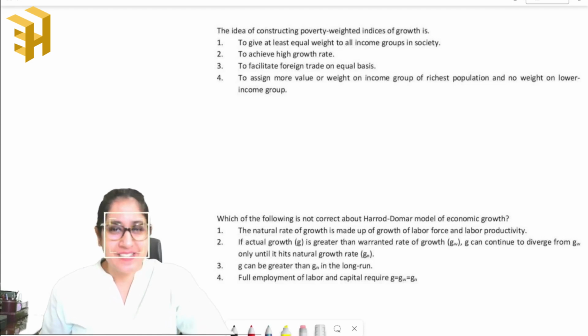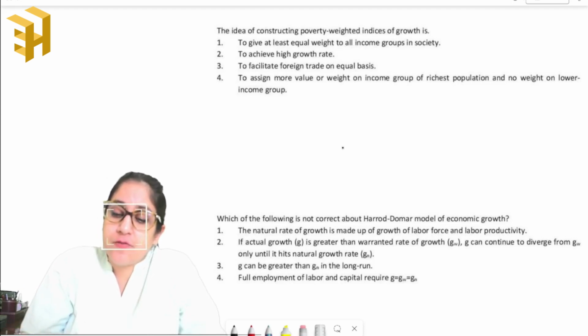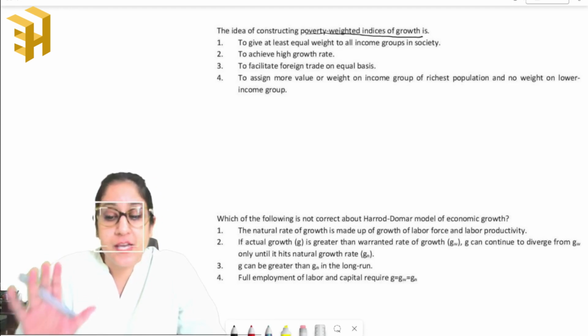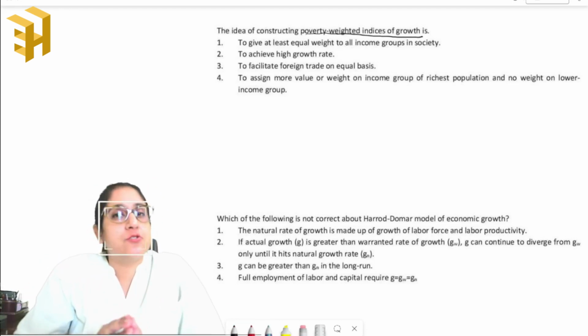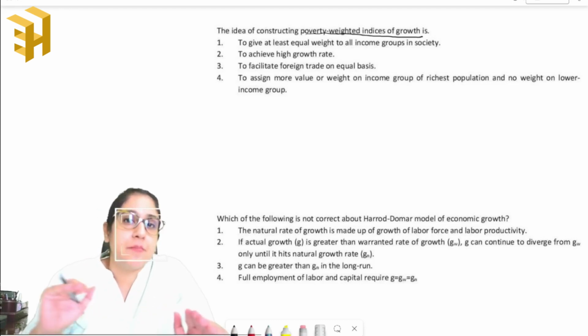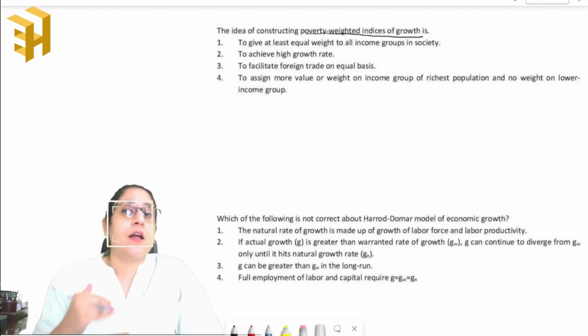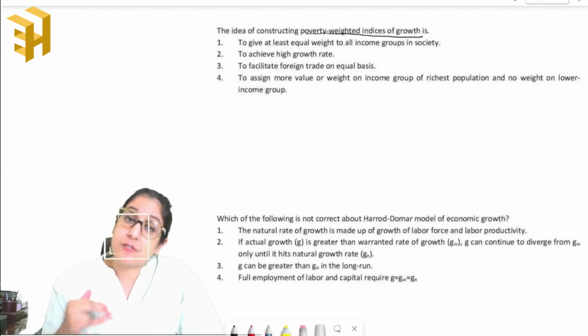So let's start. The first question is that the idea of constructing poverty weighted indices of growth is. Now, one thing that we need to remember is that everybody does not have the same kind of income background, right? So there are classes present in the society.